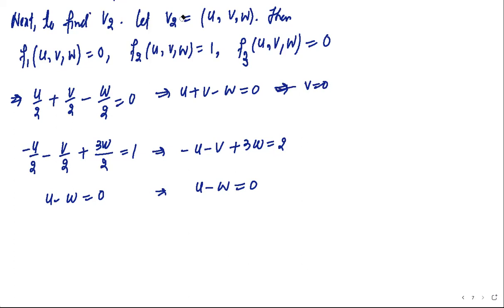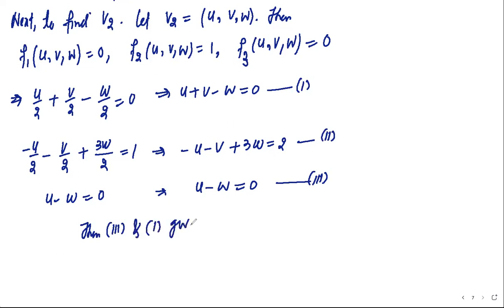So let's write the steps properly. Let's call these equations equation number 1, equation number 2, and equation number 3. Then using the third and the first gives us v is equal to 0. Okay, when we have v equal to 0, then using v equal to 0 here, this equation implies minus u plus 3w is equal to 2.